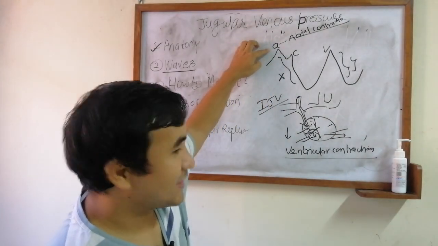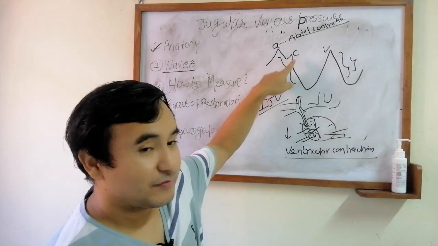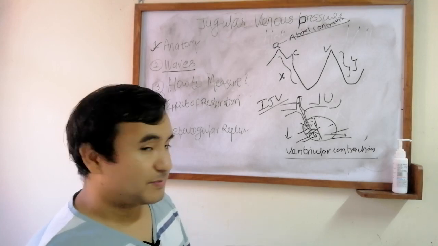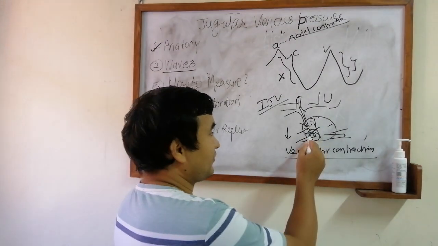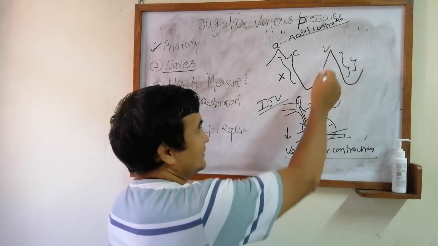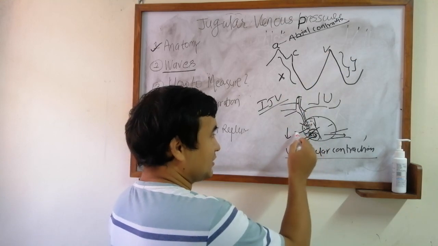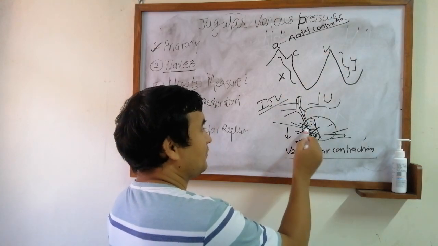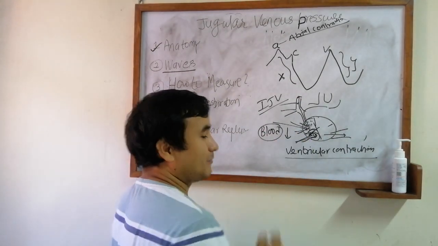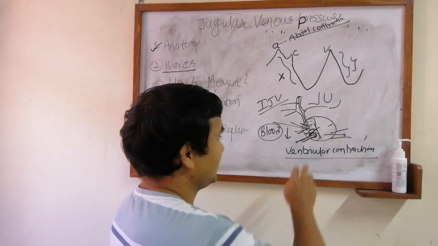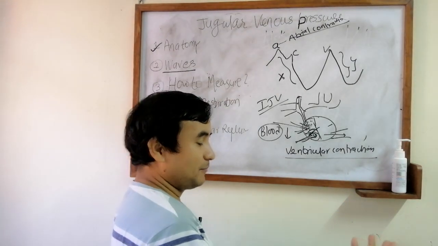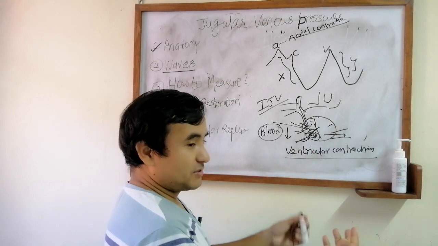So A is atrial contraction, X is atrial relaxation, C is ventricular contraction leading to the bulging of the tricuspid valve. When the ventricle is contracting, then after some time it gets relaxed, and the atrium is also relaxing, and there is a filling of the atrium by the blood. The tricuspid valve is closed, the atrium is relaxing, and the blood is coming towards the atrium from the systemic circulation.